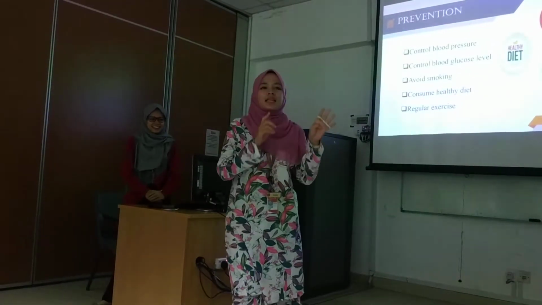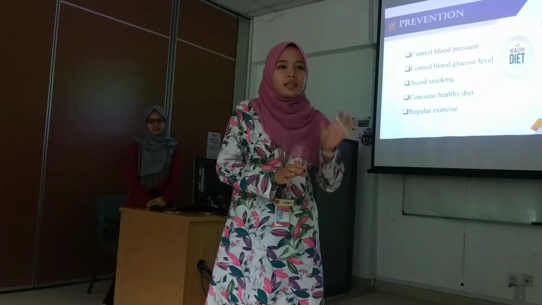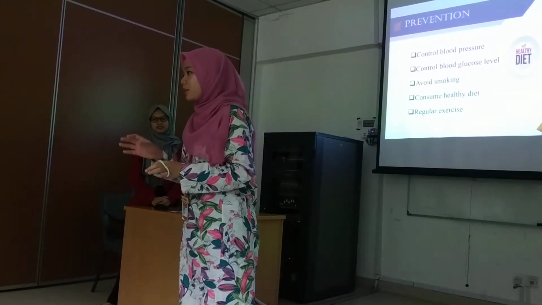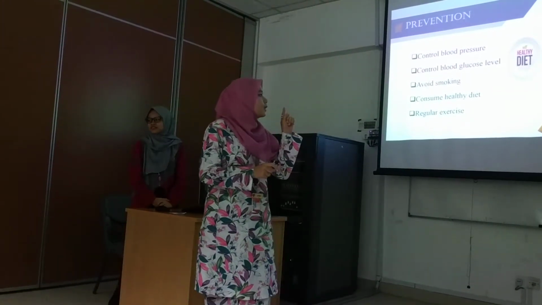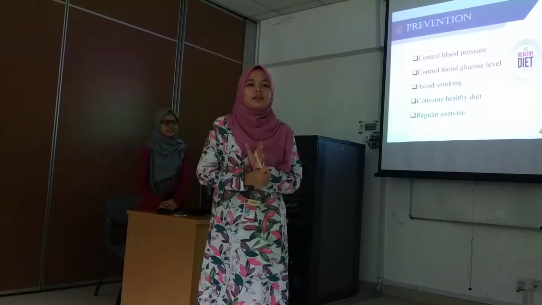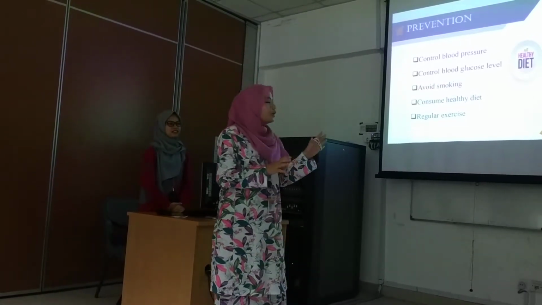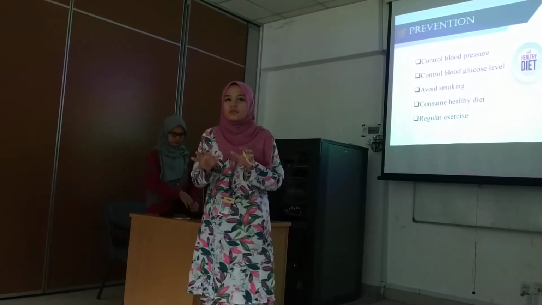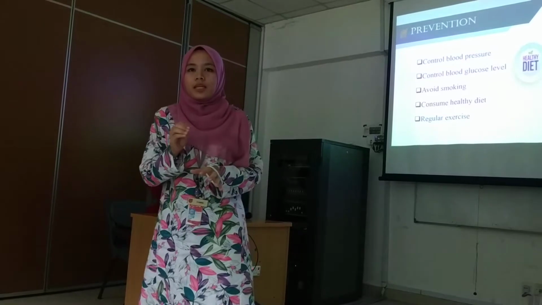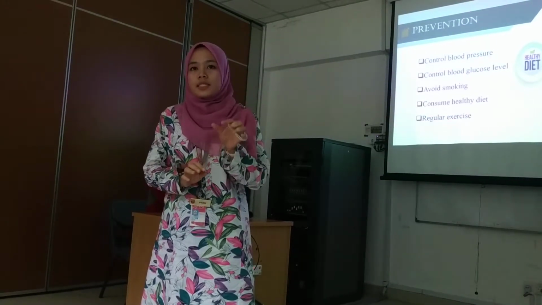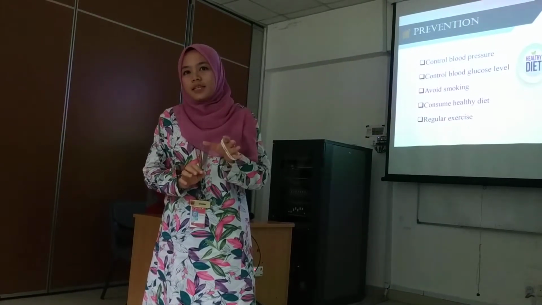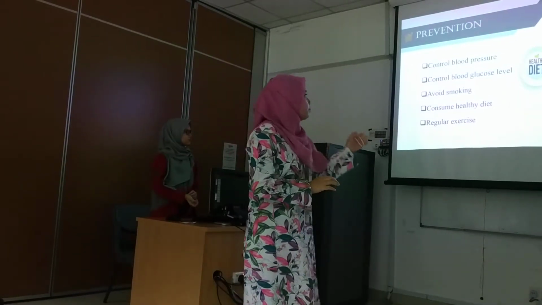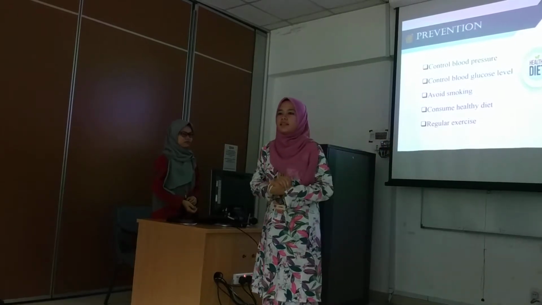We are recommended to eat not more than 6 grams of salt per day, and make sure that we eat a high fiber diet. Don't consume a lot of alcohol, and avoid smoking, because smoking can narrow our arteries and make our blood clot. And the most important is regular exercise.